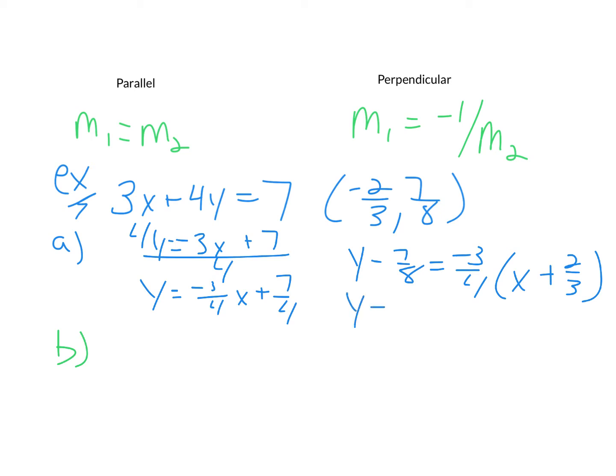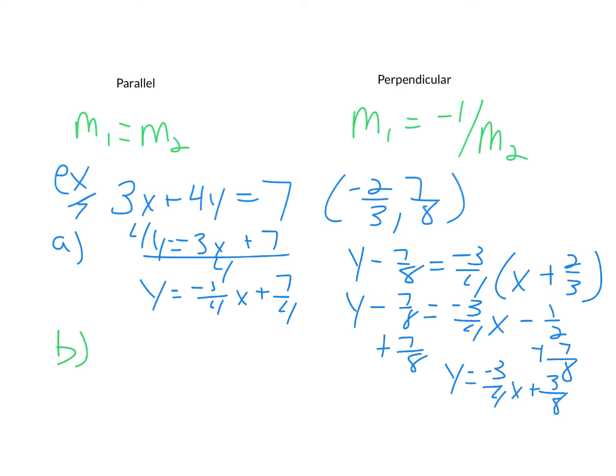That's going to get us y minus 7/8 equals -3/4 distributed, and that's going to get us minus, multiply numerators and denominators together, it's going to be -6/12, which reduces down to 1/2. That worked out nice. Then add the 7/8, and we're going to get 3/8. So it'd be y equals -3/4x plus 3/8.